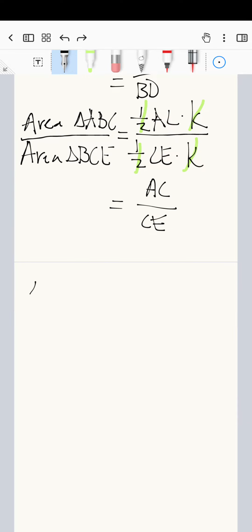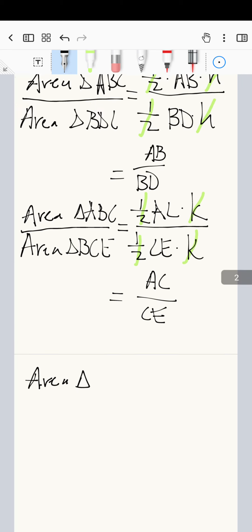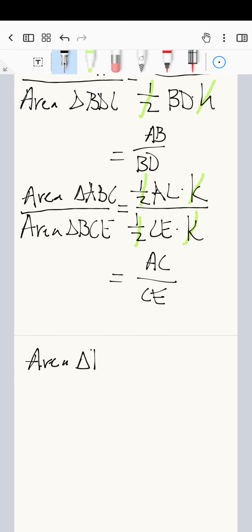Okay, so now we're going to make this statement. We're going to say the area of triangle BDC is equal to the area of triangle BCE.